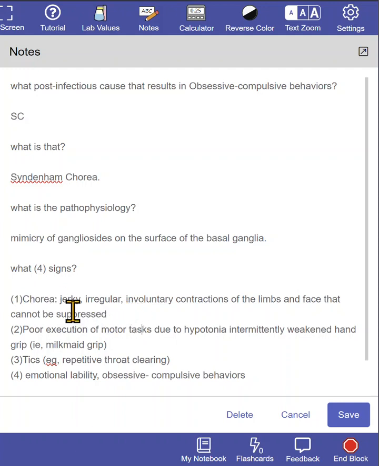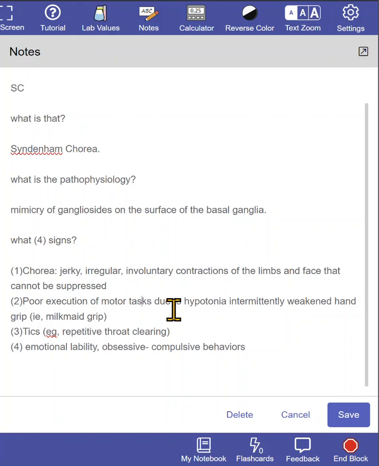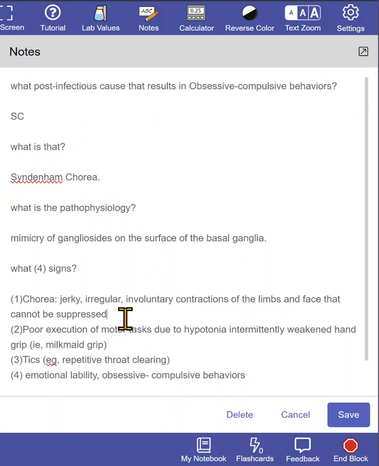It's jerky, irregular, involuntary contractions of the limbs and face that cannot be suppressed. And then you have poor execution of motor tasks due to hypotonia, intermittent weakened hand grip, and milkmaid grip. So what is milkmaid grip?